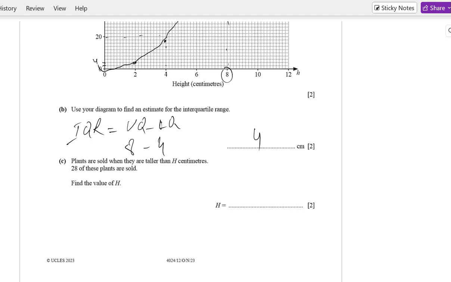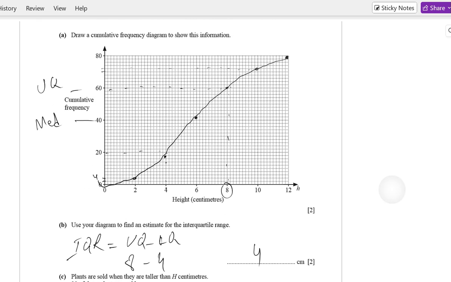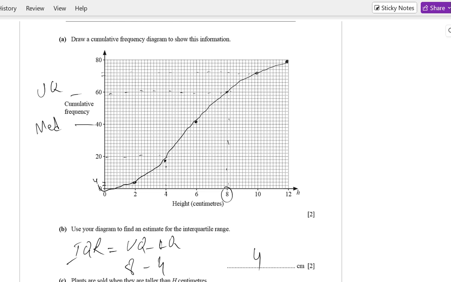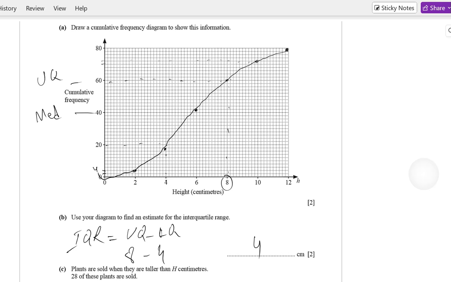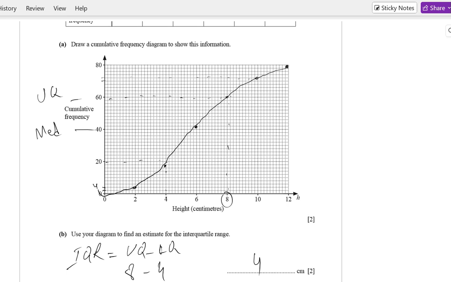Plants are sold when they are taller than 8 centimeters. 28 of such plants are sold. So since we are talking about the higher plants with a good height, we cannot start from 0. So we'll go backwards from 80. So 80 minus 28 would be 52.